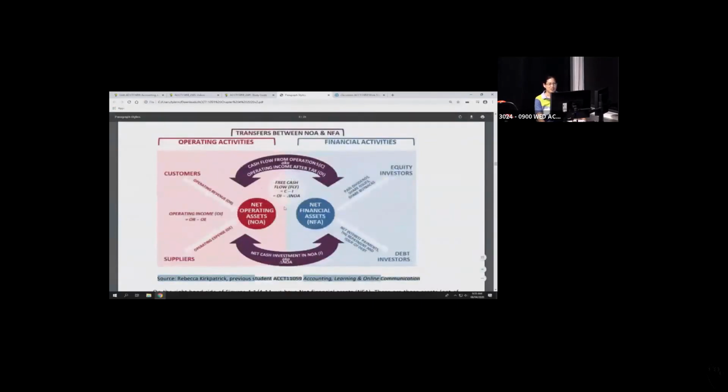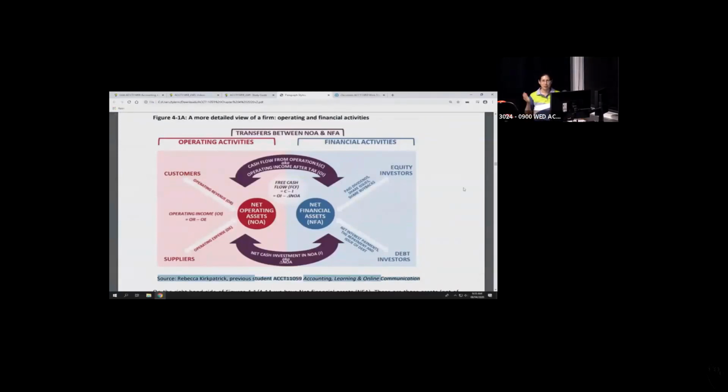So this is an excellent diagram which shows that student's understanding. They've had to do what I did and read chapter 4 and look through all the resources and make sense of it for themselves. And then they were able to explain it back to somebody else, i.e. their marker in this case, so that someone else can understand it. Okay, so that's pretty good. That's really good evidence of active learning.